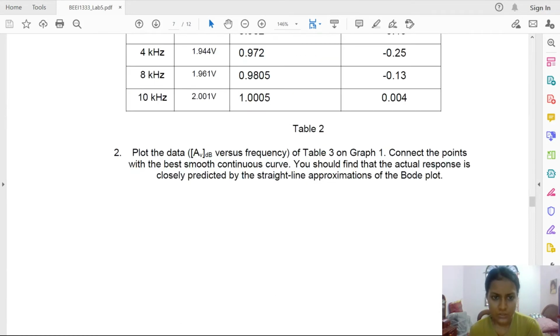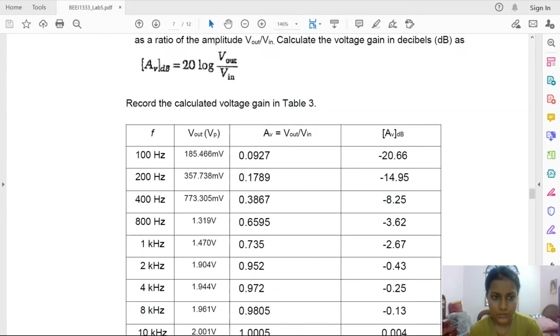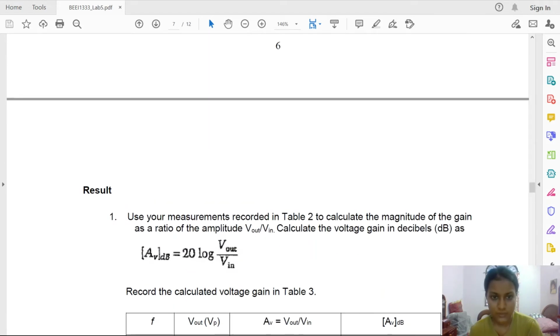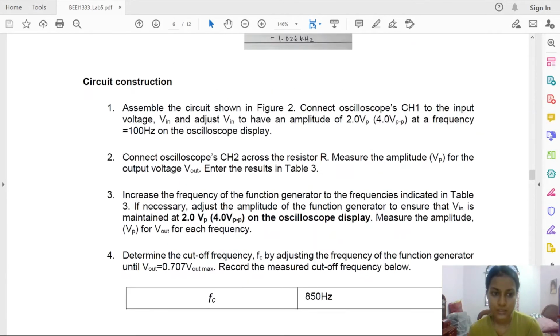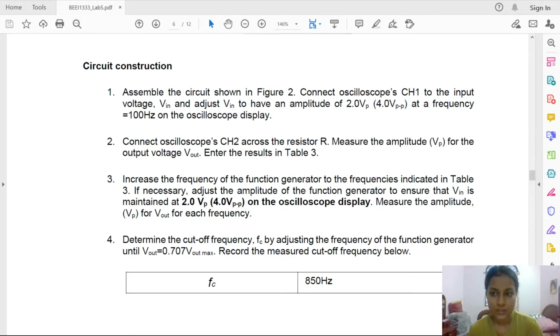Okay, so going on to the circuit construction, I've got to mention this earlier. For the circuit construction, I've made some trial and error, and I found out that for Multisim we not only can use a function generator, but we can also use the voltage source, I mean the AC voltage source, straight away by adjusting the VRMS.